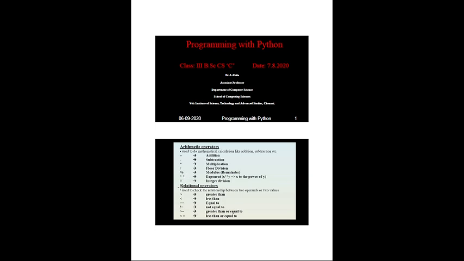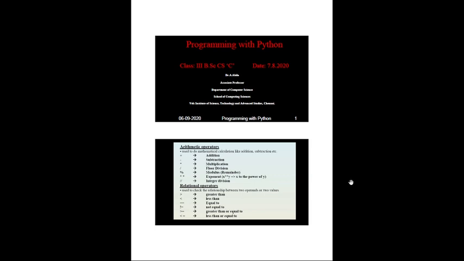Exponent is the power. If I give 3 double star 3, that means 3 to the exponent 3, so 3 cube, which you will get as 27. So this is a power operator. These are the operators that we have with the arithmetical operators.